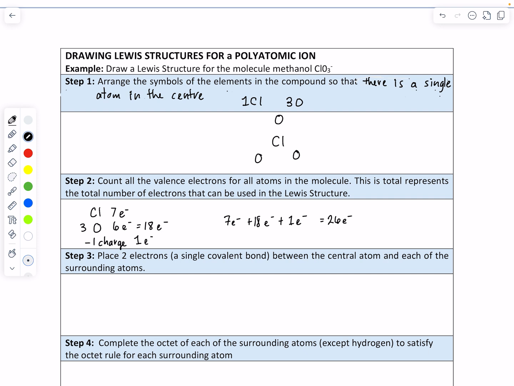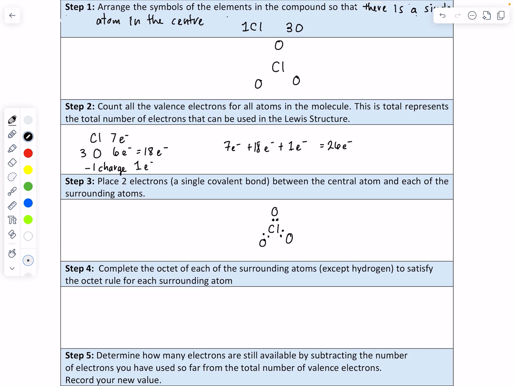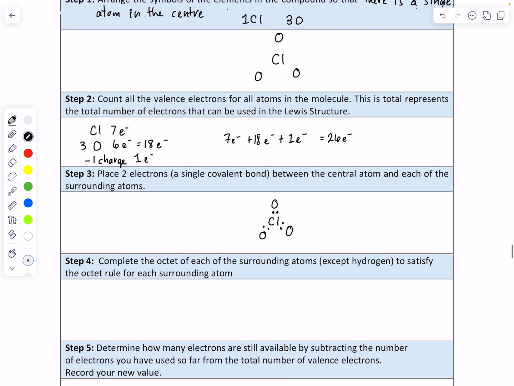In step 3, we're going to place 2 electrons, a single covalent bond between the central atom and each of the surrounding atoms. We're going to complete the octet of the surrounding atoms except for hydrogen to satisfy the octet rule.